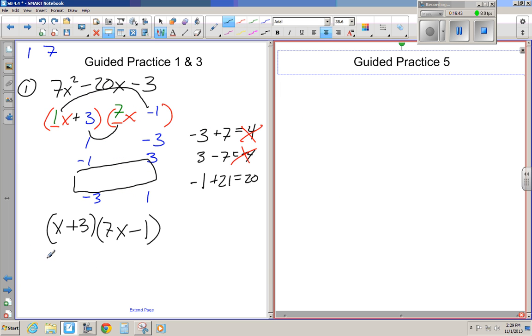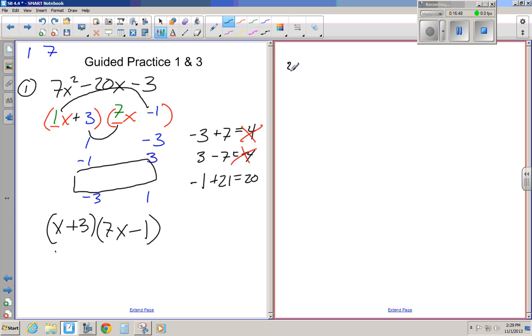All right, guided practice number, oh, wait, we didn't do number 3 yet. Number 3, 2w squared plus w plus 3. So step 1 was to write the problem down. Step 2 is to set up the problem.